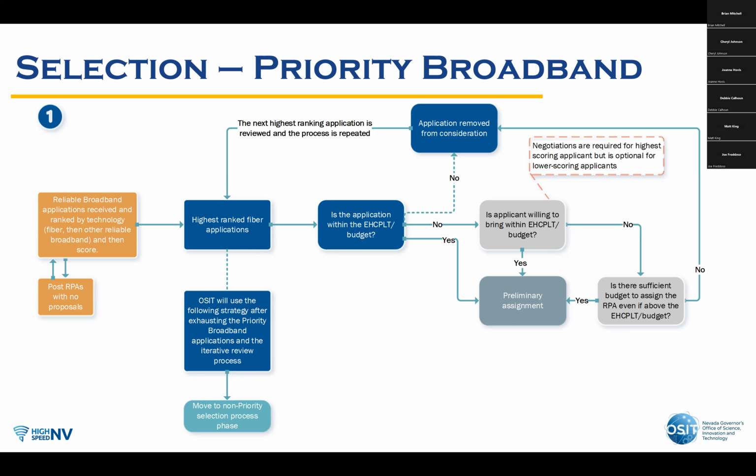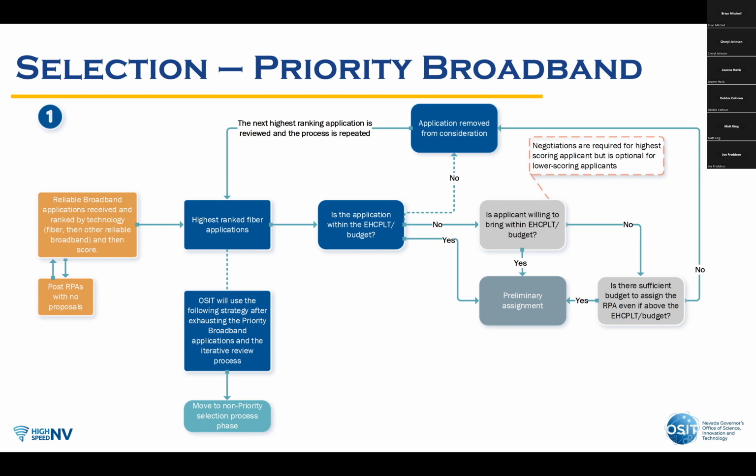And what I'm going to show you here in this graphic, like everything else in this deck, comes out of the initial proposal volume 2. And I just want to encourage you again, look at the initial proposal volume 2, because all of this is described in some detail in narrative form. I'm going to show you here a couple of different slides. The first slide, which is number 1 here, is consideration of priority broadband applications, right?